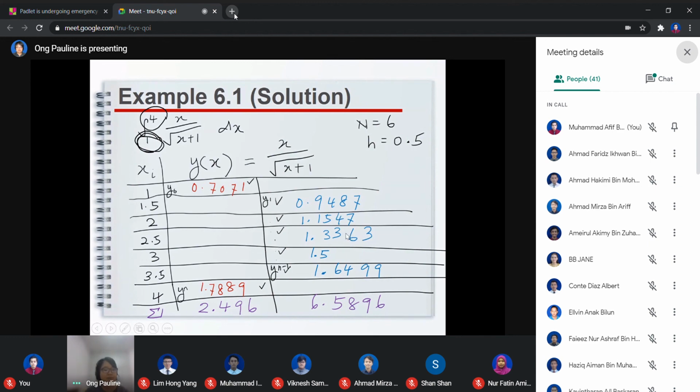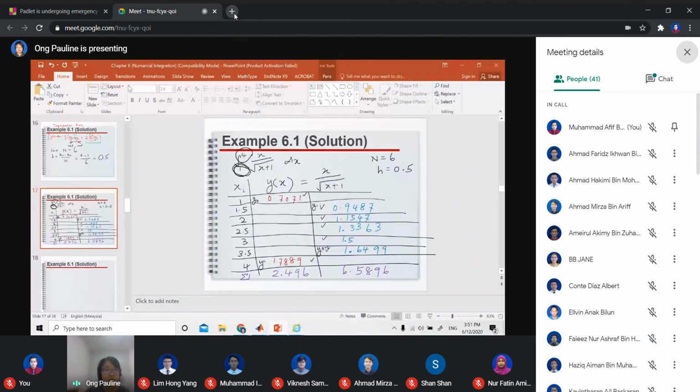All right, now let us look at the subsequent steps to finish up the trapezoidal rule. Let me write down the equation for the trapezoidal rule.